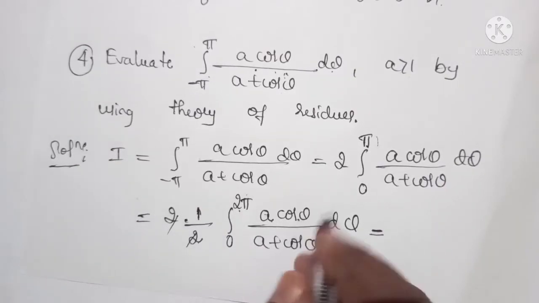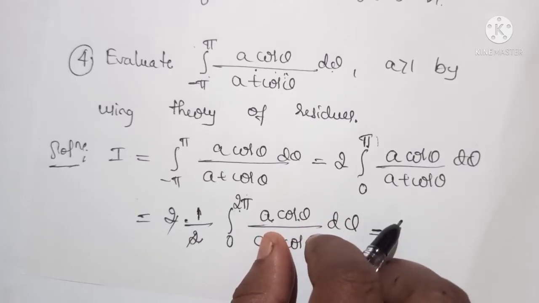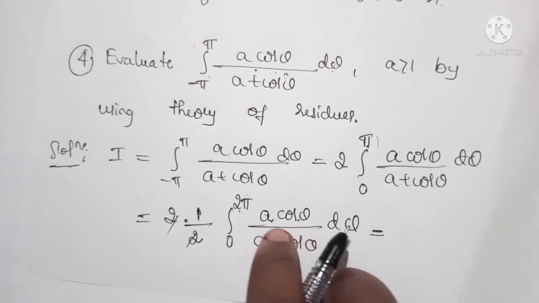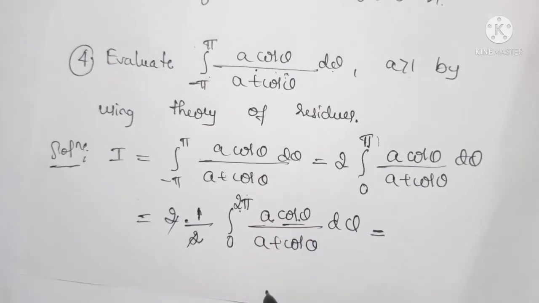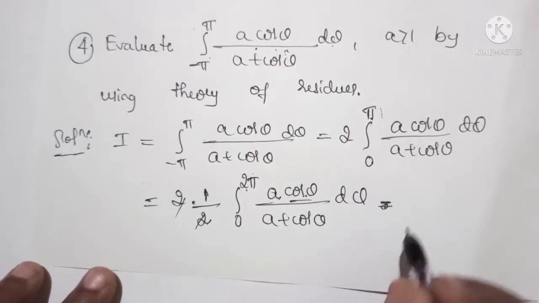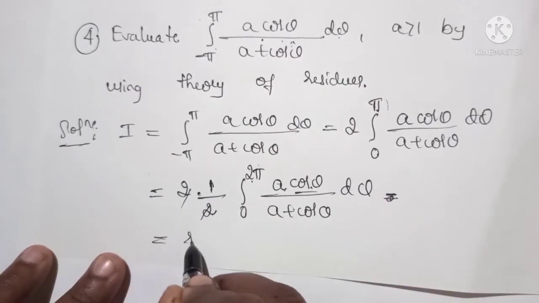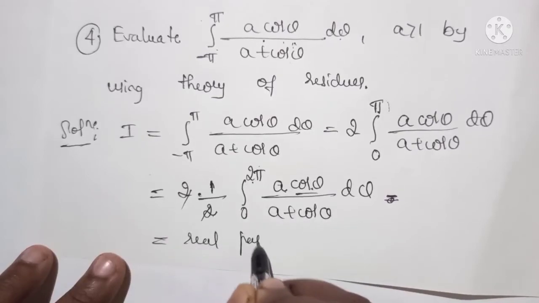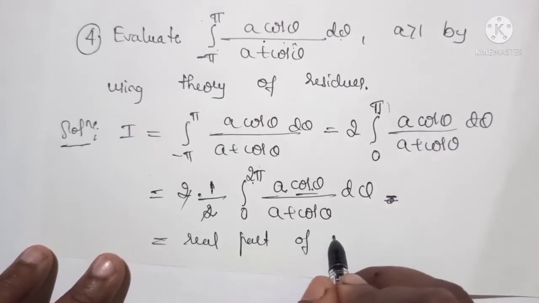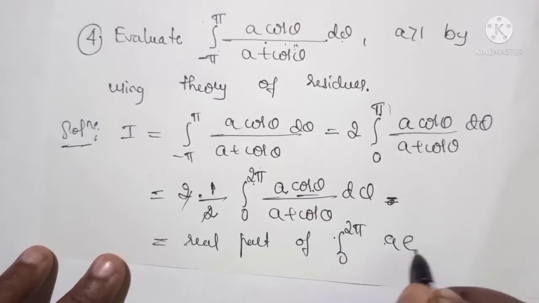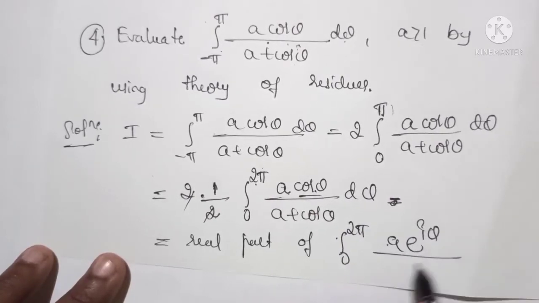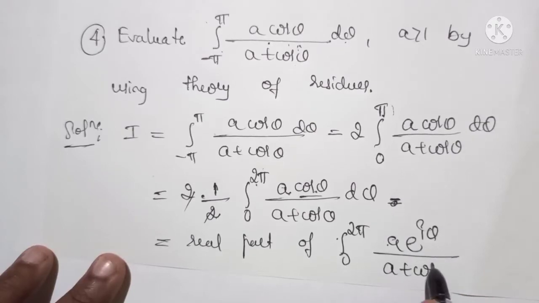Here a cos theta means it is the real part of a into e raised to i theta. Cos theta is the real part of e raised to i theta, so we write it as the real part of the integral from 0 to 2 pi of a into e raised to i theta divided by the denominator as it is.